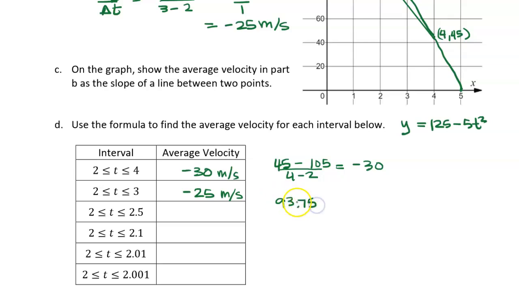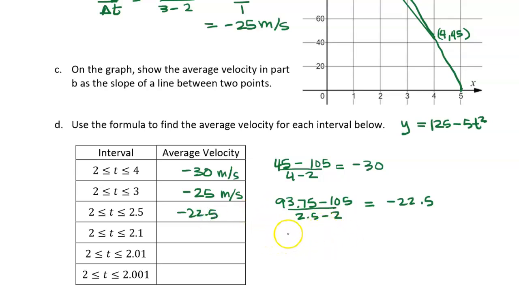That's the value of the function, the distance above the ground when t is 2.5. And I'm going to subtract 105, and then divide that by 2.5 minus 2. Do that calculation and I get negative 22.5.